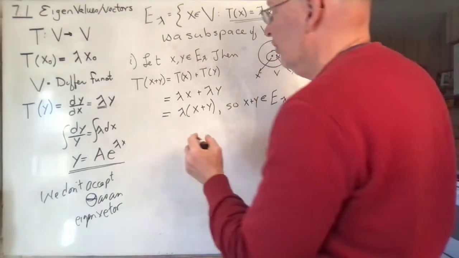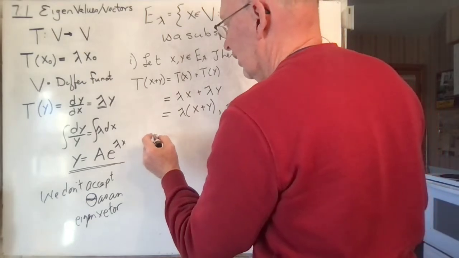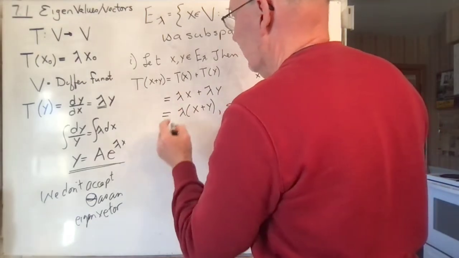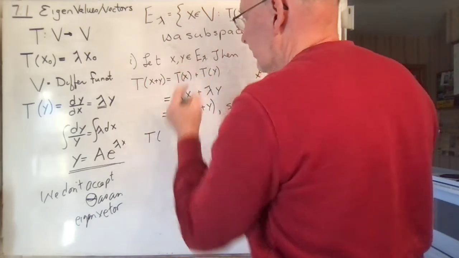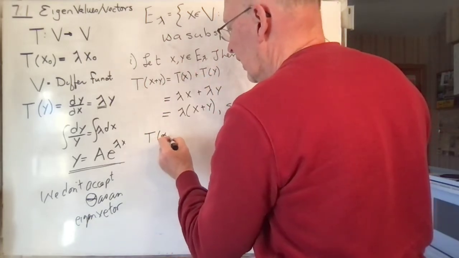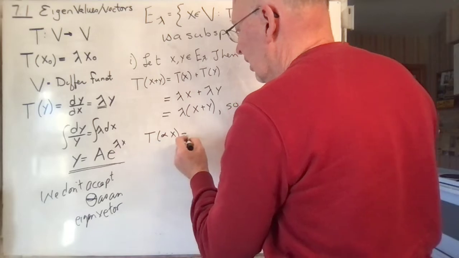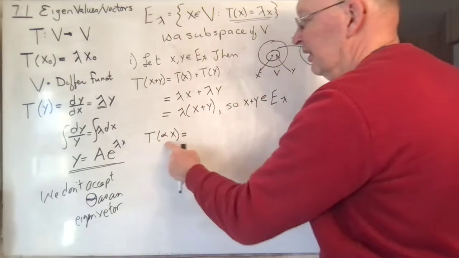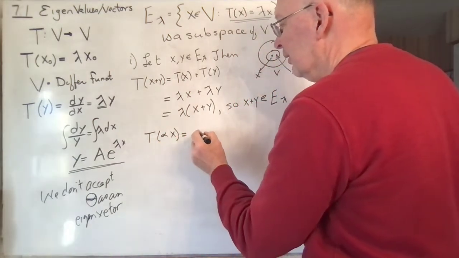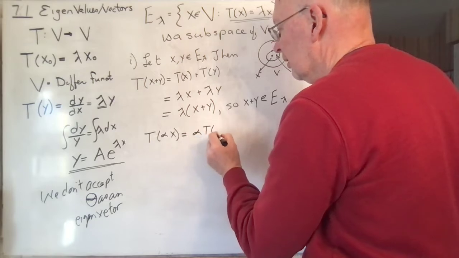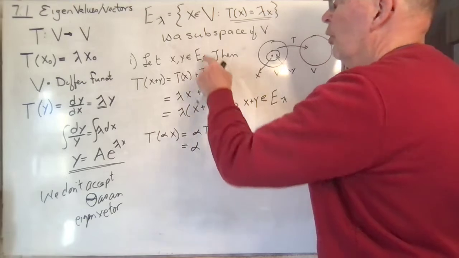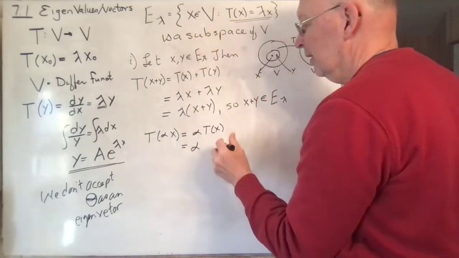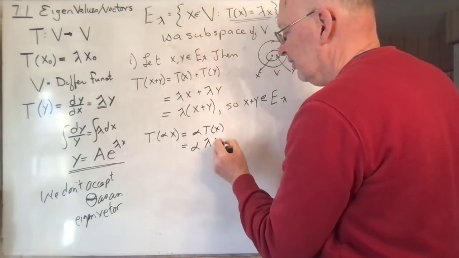Okay, let's do what else is needed. We already know that x is in there, so T of, let's say, alpha x is equal to, well, this is a linear transformation, so this is equal to alpha T of x. And now I know that x is in here, so that's equal to this.